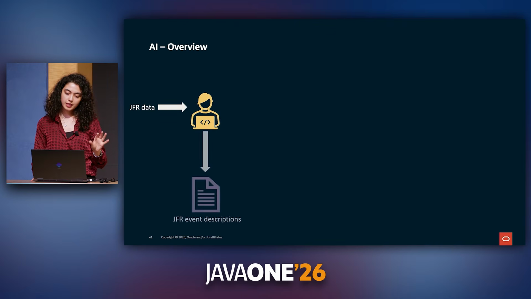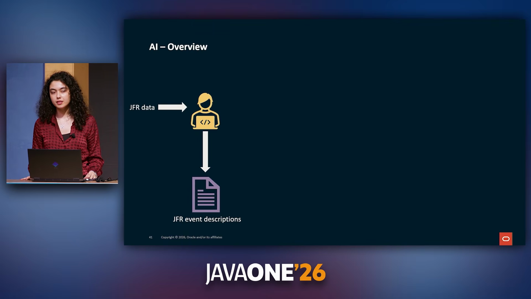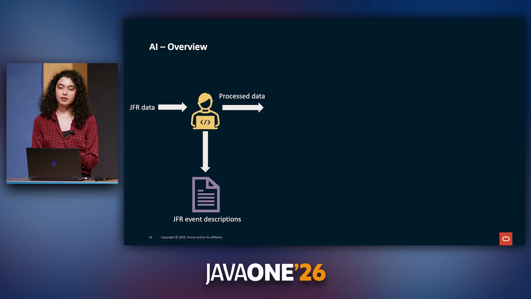While doing this, it has access to documentation that has a description of all the JFR events and their fields and units. These are really important information. By using this context, it can generate the processed version of our raw JFR data.